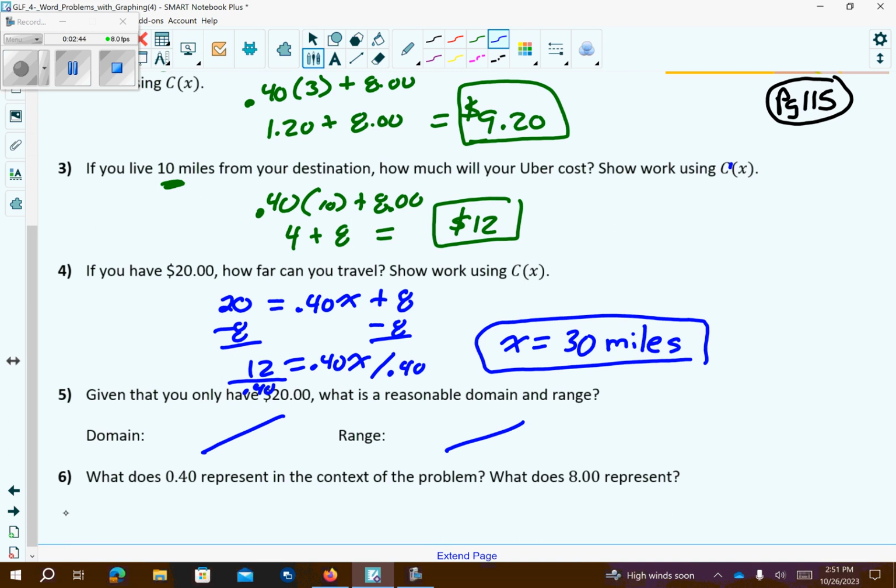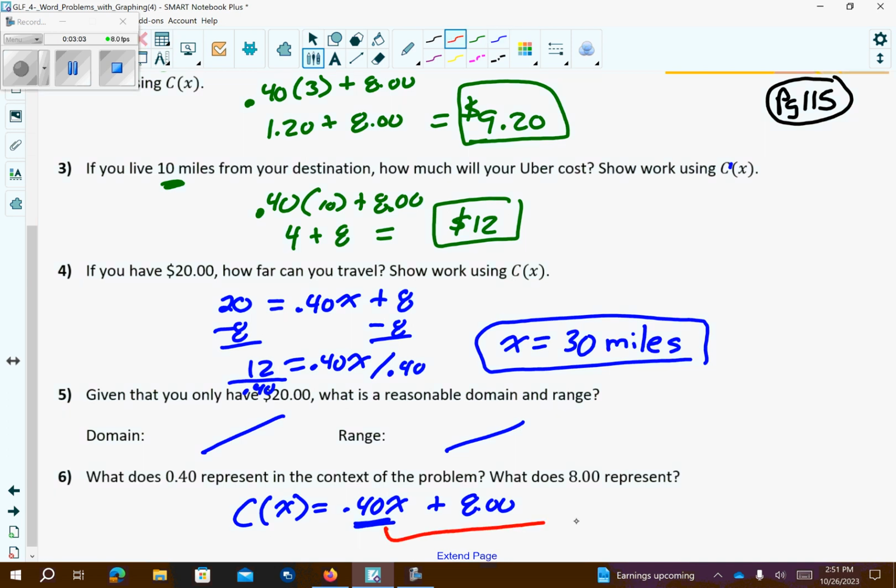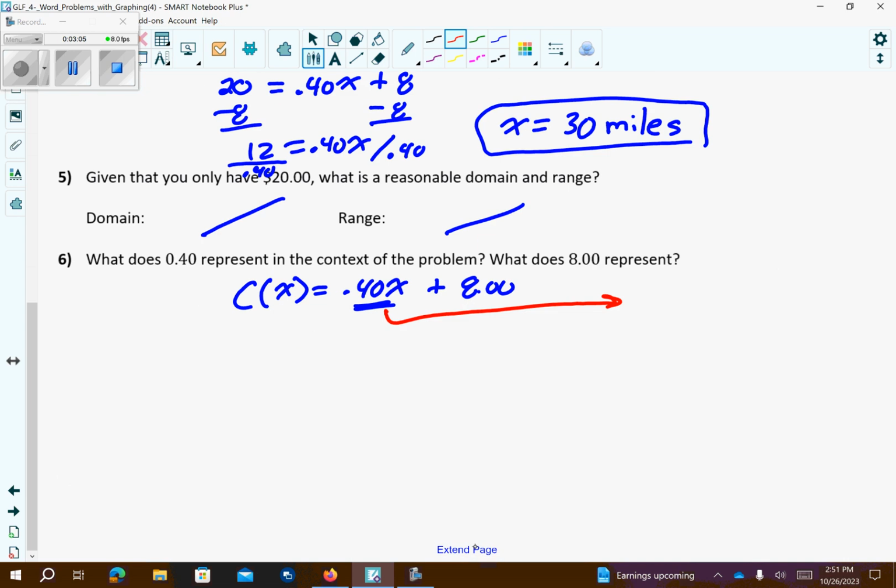And then what does 0.40 represent in the context of this problem? Remember, our original equation was c of x equals 0.40x plus 8.00. So this means the 0.40 means they're going to charge you 40 cents per mile.